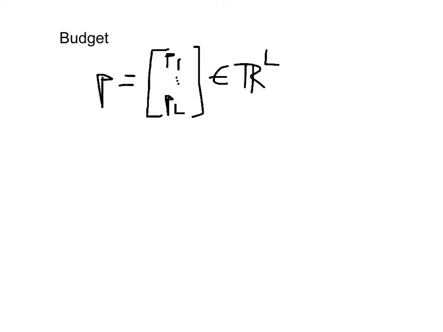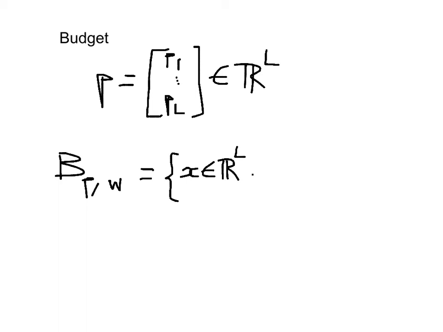Now, given the particular wealth W which the consumer possesses, we can define a budget set B, given this price vector and given W, which is simply the set of all consumption bundles that the consumer may afford, right? So we can simply write this budget set as the set of commodity vectors such that the price of this bundle is less than or equal to the consumer's wealth.